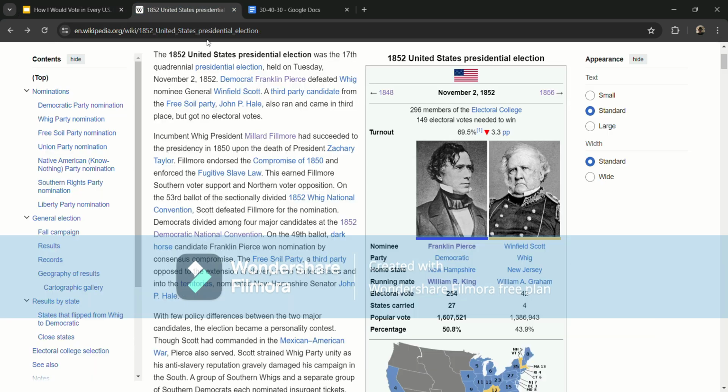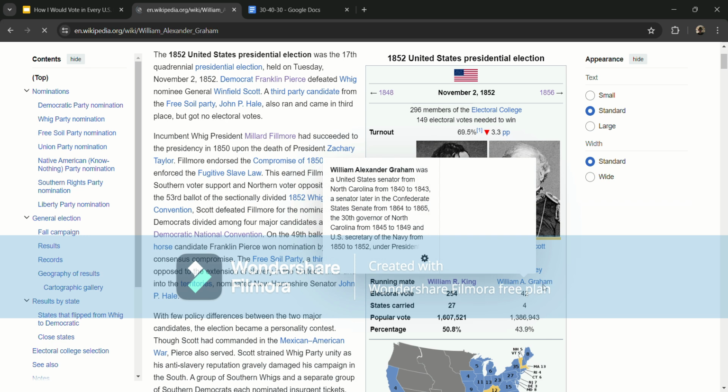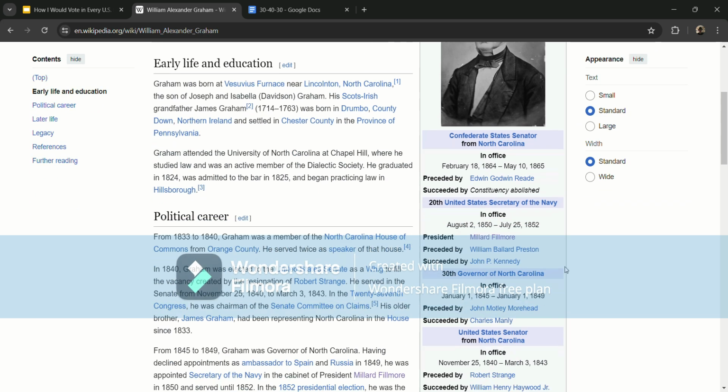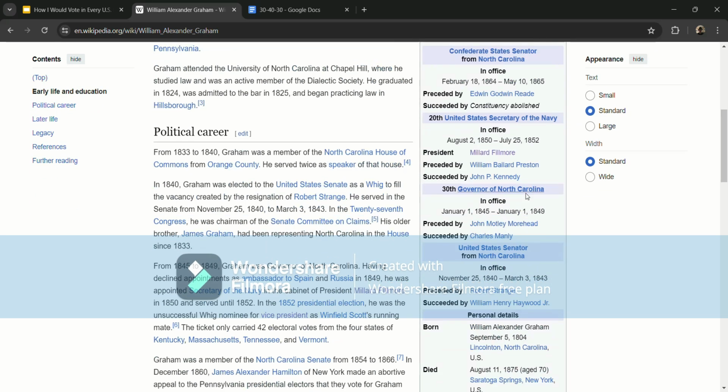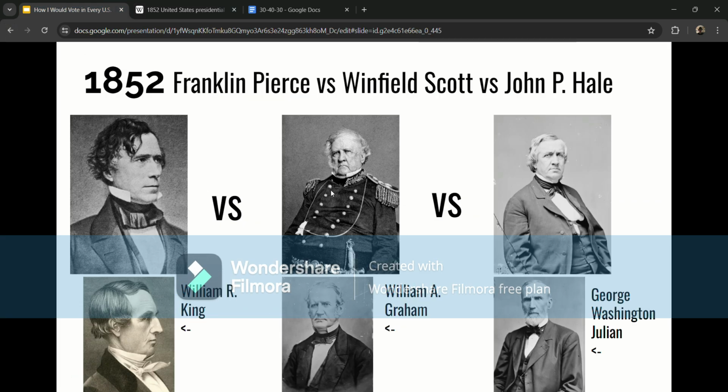Of course, his running mate is William A. Graham, who was also a Southerner. He was Secretary of the Navy under the Fillmore administration from North Carolina, governor of that state and a senator, so a decent amount of experience there. Definitely a good contrast to Winfield Scott, but Scott is just not very appealing to me.